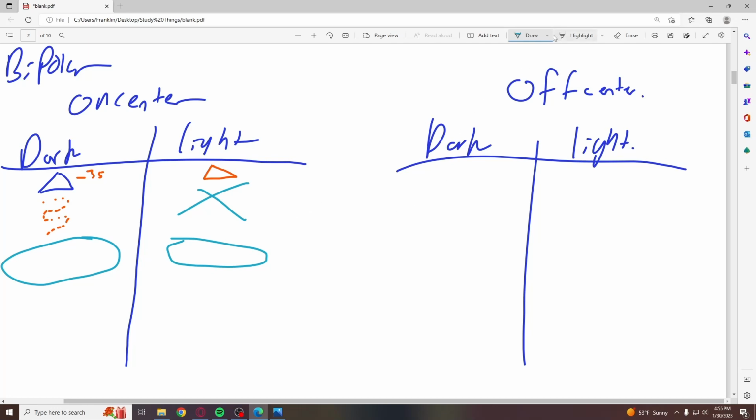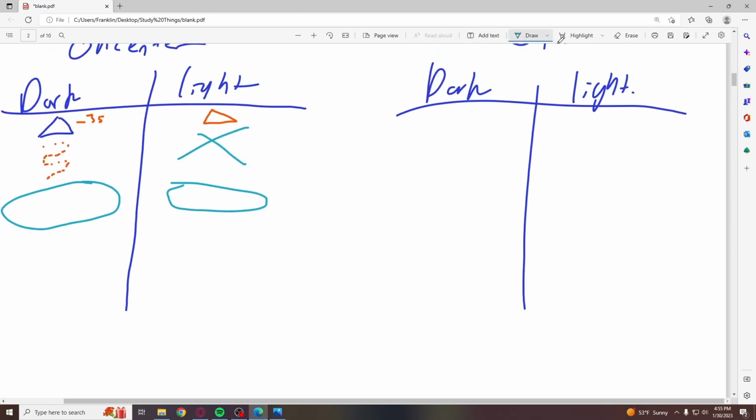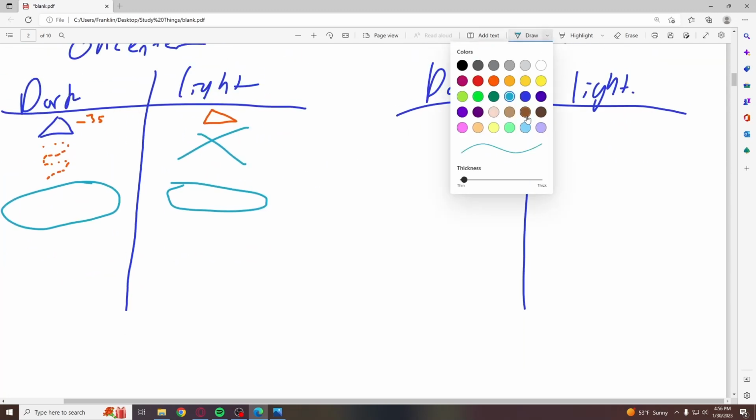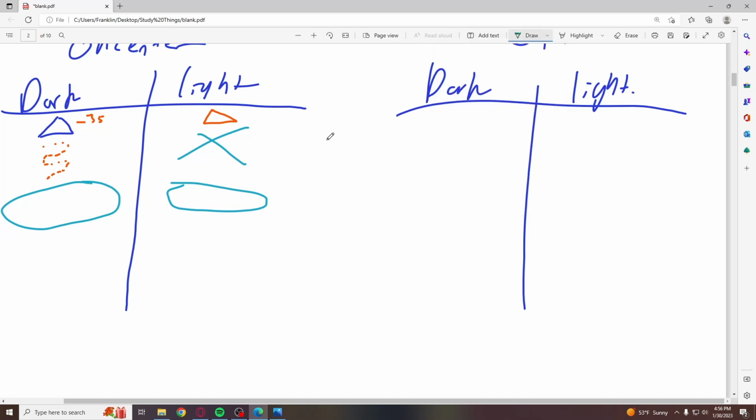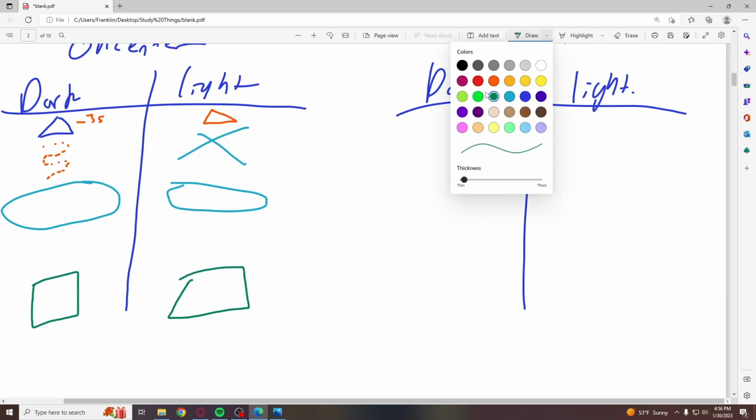And then let's just go with this for now. So the on center, and then there's the ganglion. Let's draw this as a square. There you go. There's the ganglion.